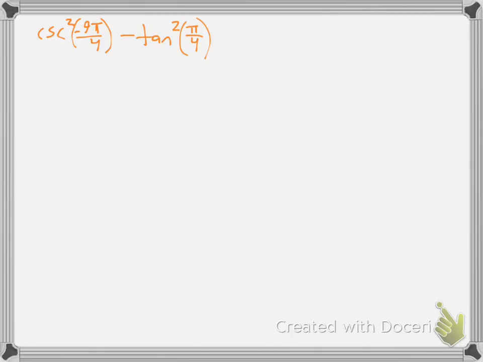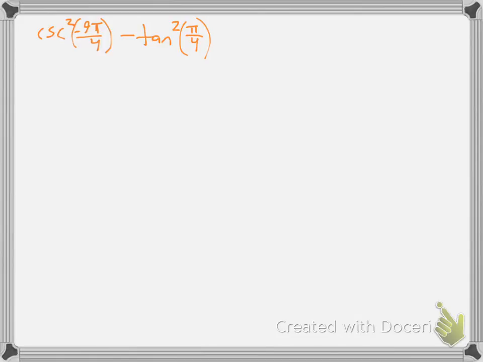We treat it just like any other time when we were evaluating when it was radians. We should know pi over 6 is how many degrees? 30. Pi over 4? 45. Pi over 3? 60. Pi over 2? Pi? 180. And 2 pi? 360. So you should know those inside and out.